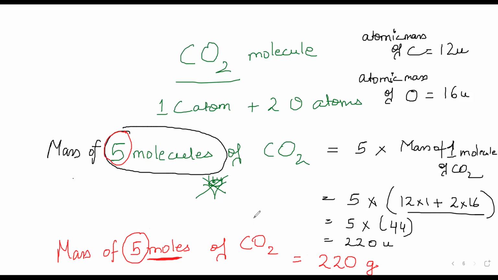So the only thing you need to be careful about is to understand if you are dealing at the microscopic level in the question or at the macroscopic level. Accordingly, you will have to adjust your units. So for atomic mass and molecular mass, that means the mass of one atom and the mass of one molecule respectively, since they are not going to be visible to you with the naked eye, the unit taken is U. And if you're dealing in 1 mole of atoms or 1 mole of molecules, it is called the molar mass.